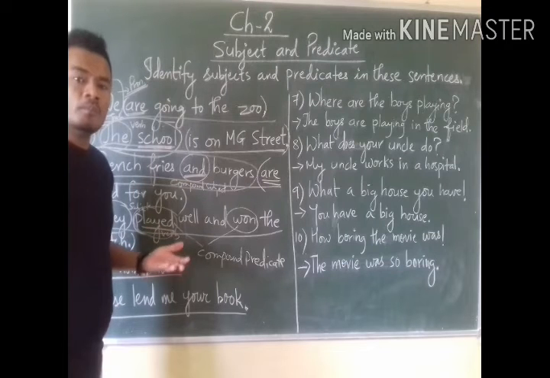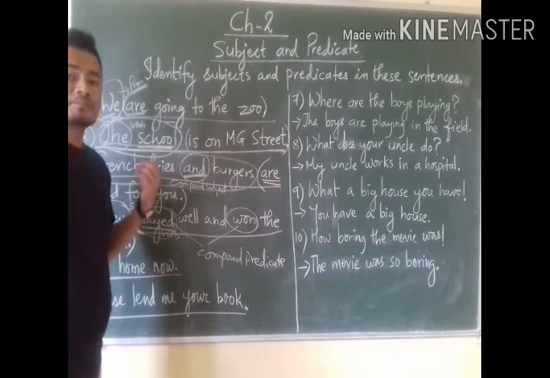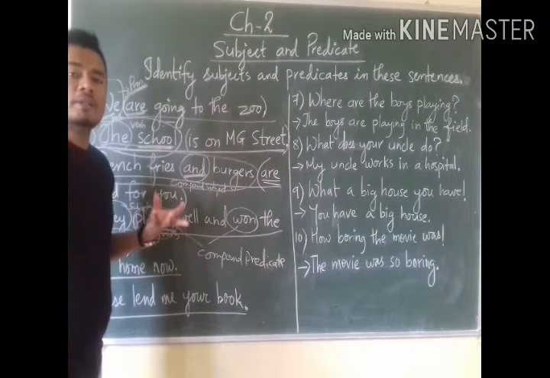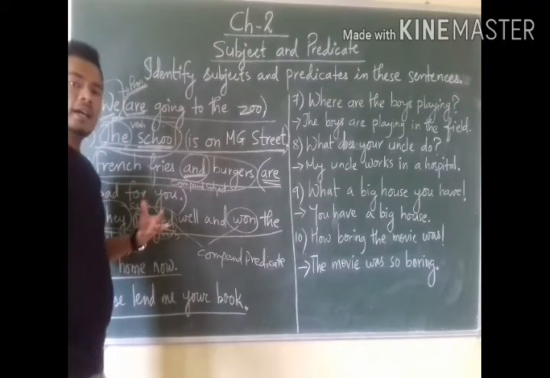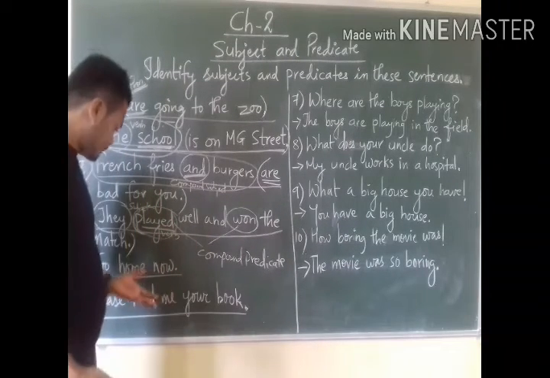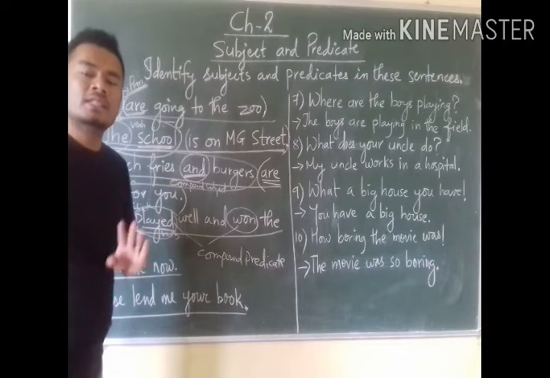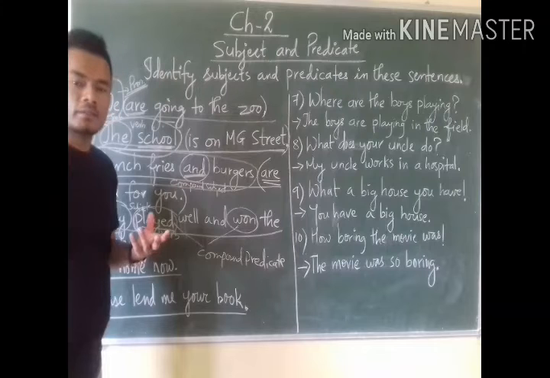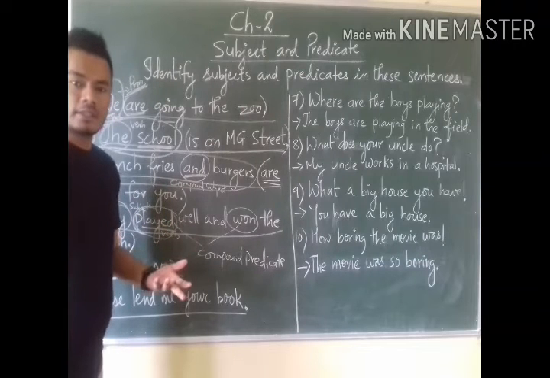So we all know that imperative sentences are orders, commands, suggestions, requests, or a piece of advice. So in most of the imperative sentences, we don't see any subject written there. Subjects are not written in imperative sentences.